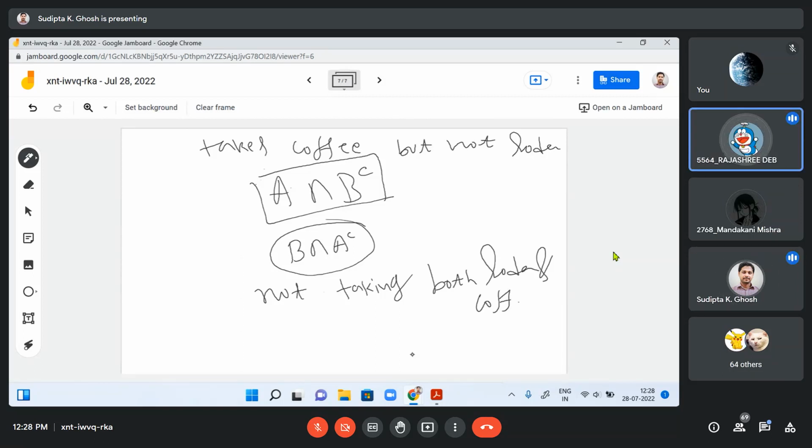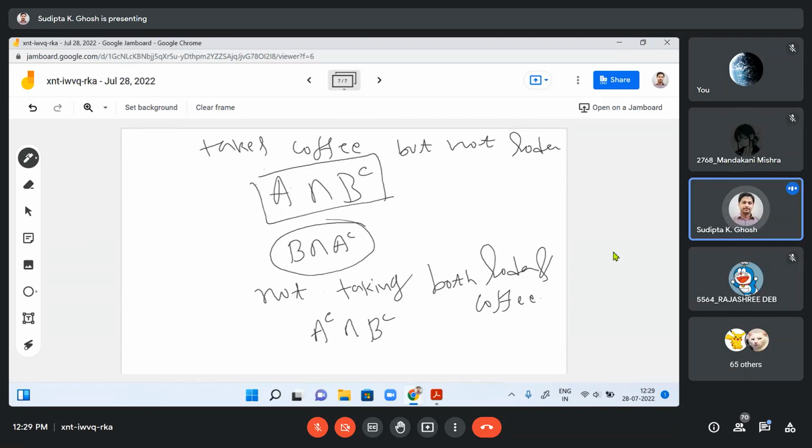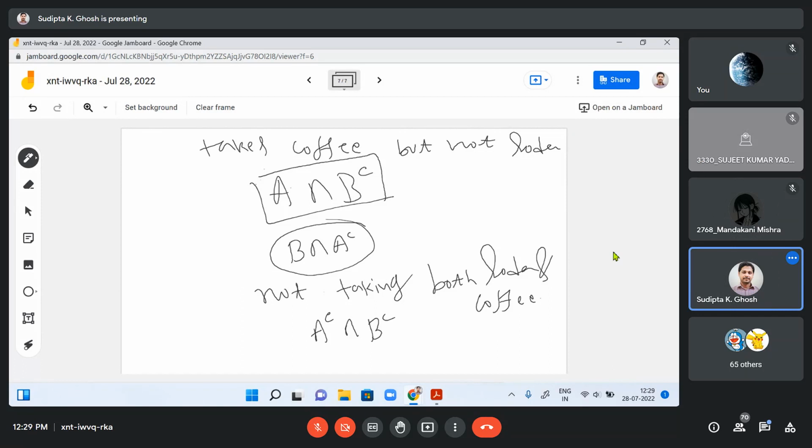A complement intersection B complement. Exactly. A complement intersection B complement, because the person is not taking soda and not taking coffee. So this event I want to express by A complement intersection B complement. So I have to basically calculate the probability of this. Am I correct? Please tell me yes or no.